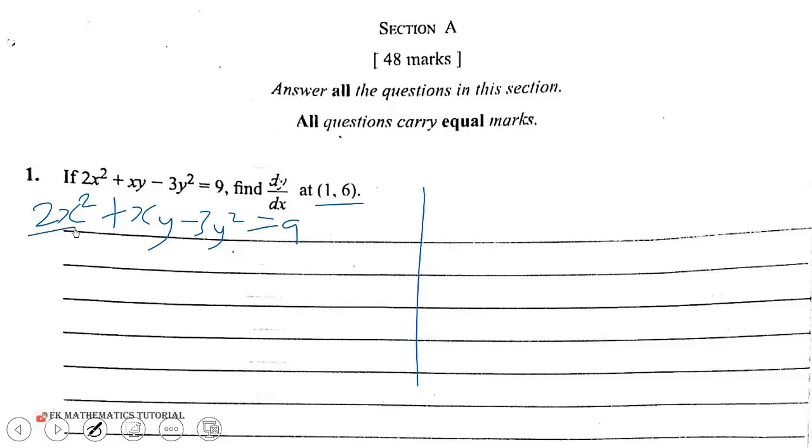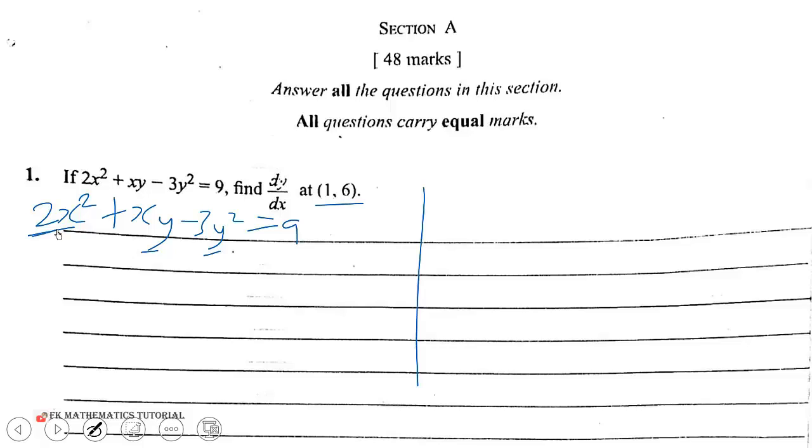So when we differentiate x, we don't have any problem. But when we differentiate y, we need to indicate that we are differentiating y with respect to x. So we indicate the dy/dx there to show that we are actually differentiating y with respect to x.